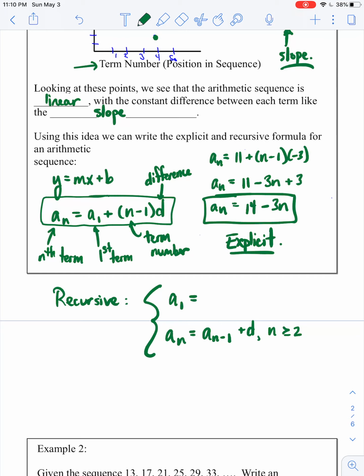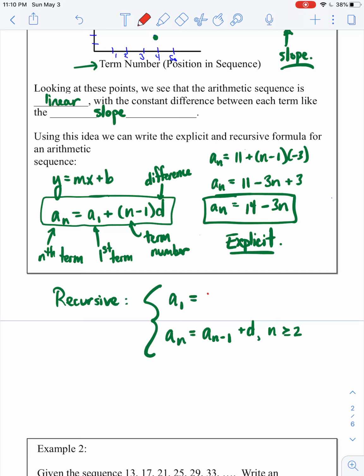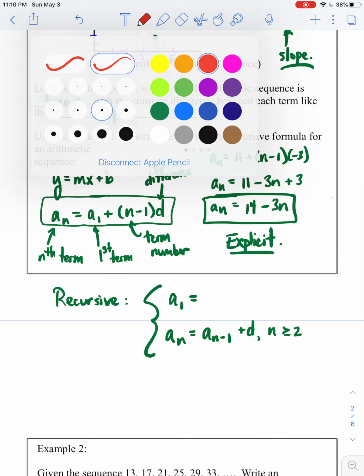So it's saying, term 1 is, and in this case, term 1 would be 11. You would tell the reader what the first term is. Let me write it back out again here.